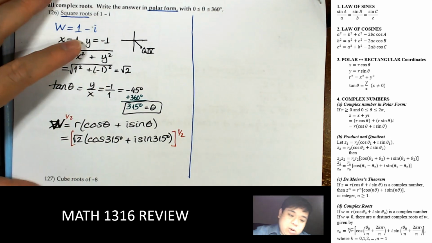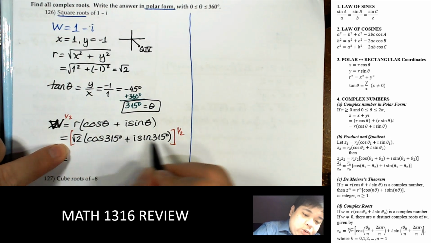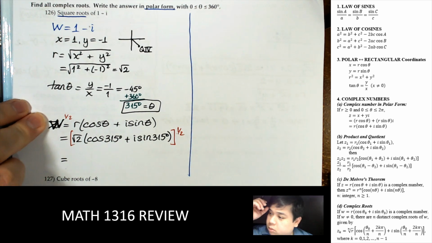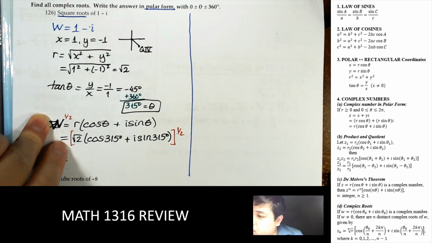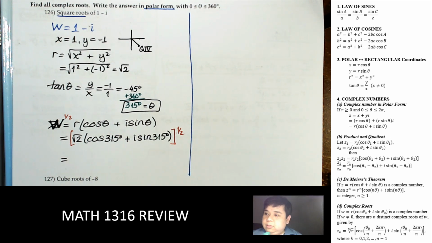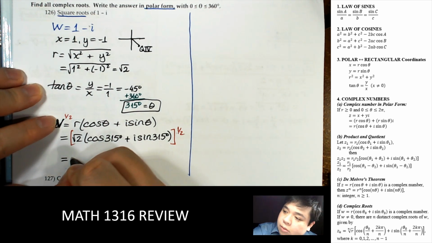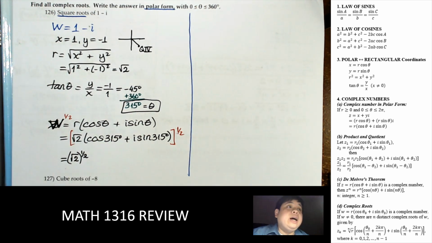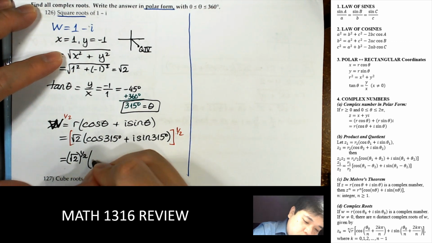Right. So in this case, I will write this as, first, the square root of 2 raised to that power. So square root of 2, and then cosine.